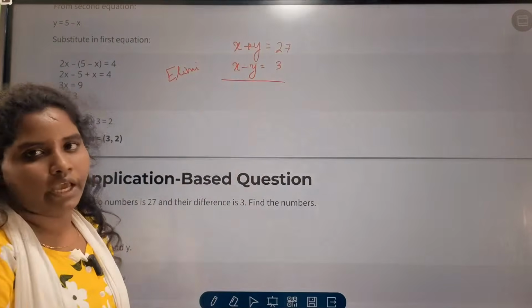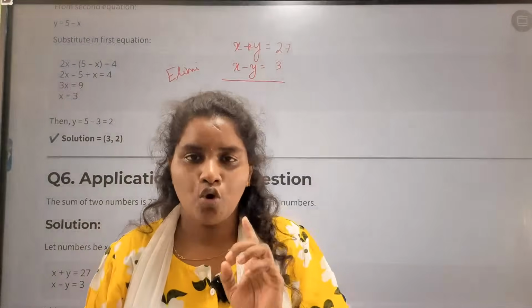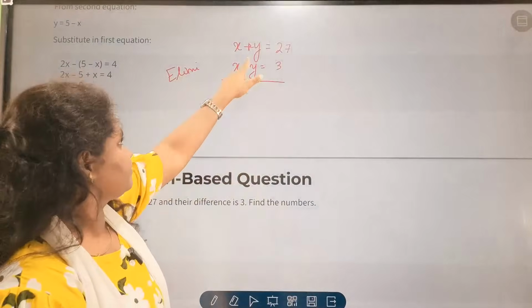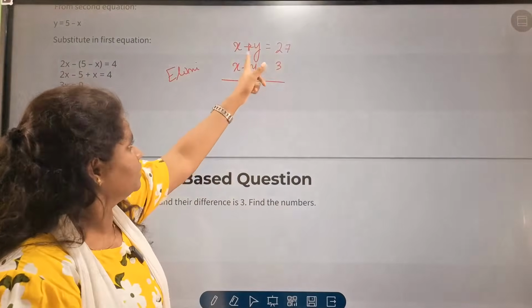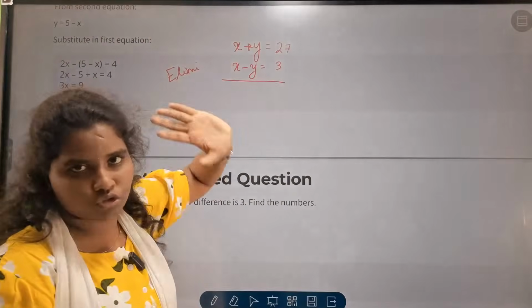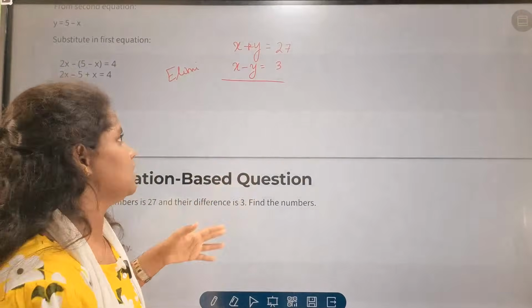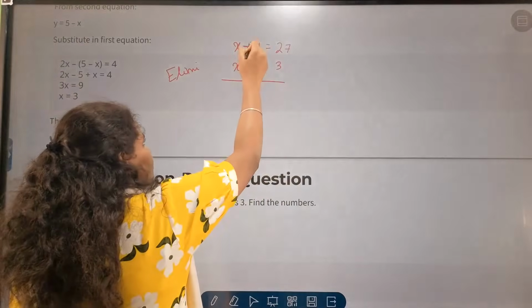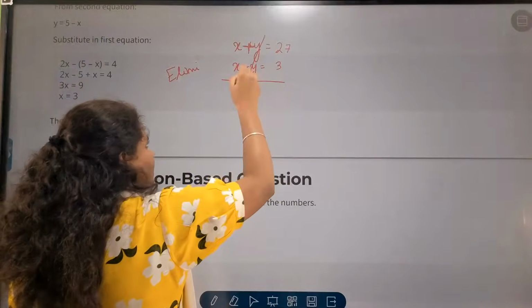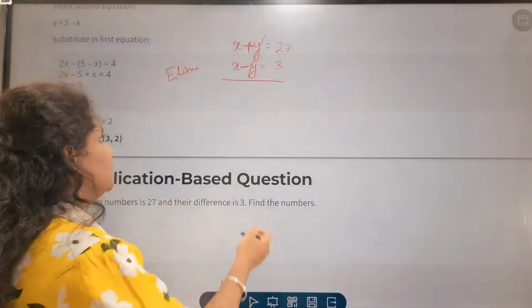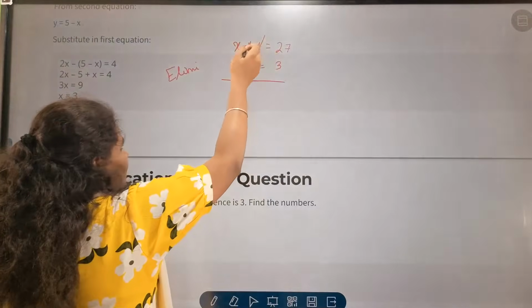we have to check that the coefficient of any one of the unknown variables is the same. Here for y it's the same, 1 and 1, and for x it is also the same, and then we have to change the sign for cancelling. Here we already have plus y and minus y, so without changing the sign, it is directly cancelled.